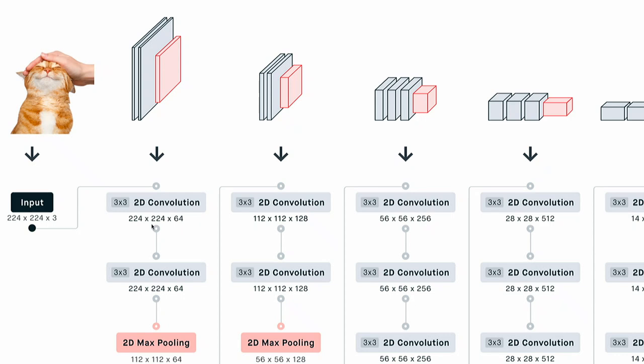How many filters did I have in this layer? 64 filters. So this is one filter, and I had this till number 64, right? So this is W1, and I had it till W64. Everybody's clear?